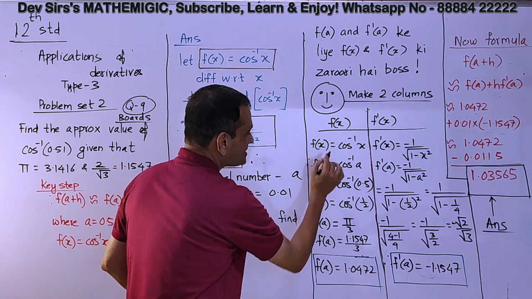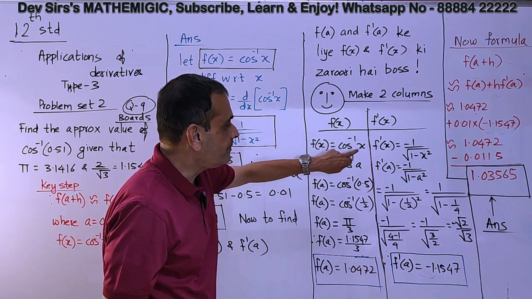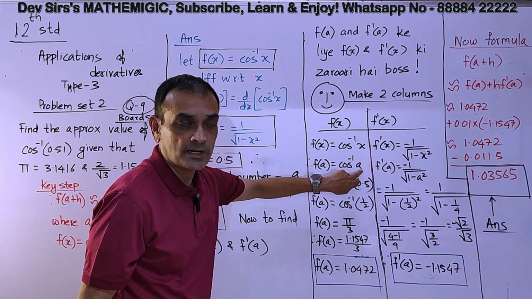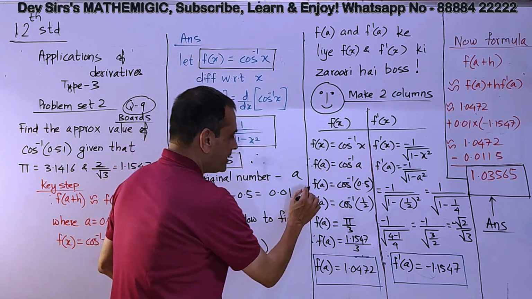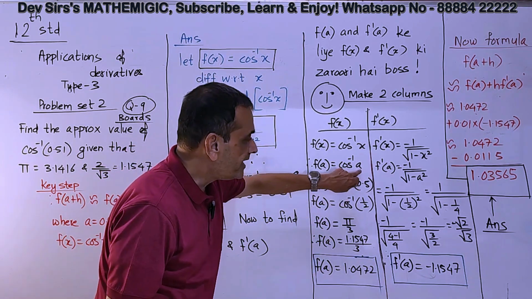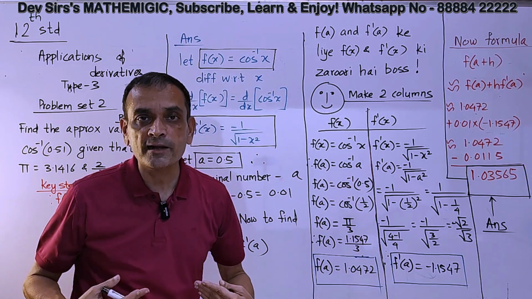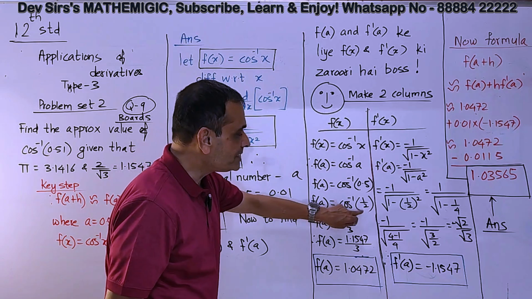We started with f of x. Now what? Replace x by a. Simple. So f of a is equal to cos inverse a, so f of a is equal to cos inverse 0.5. The value of a we choose as a convenient number, so 0.5.